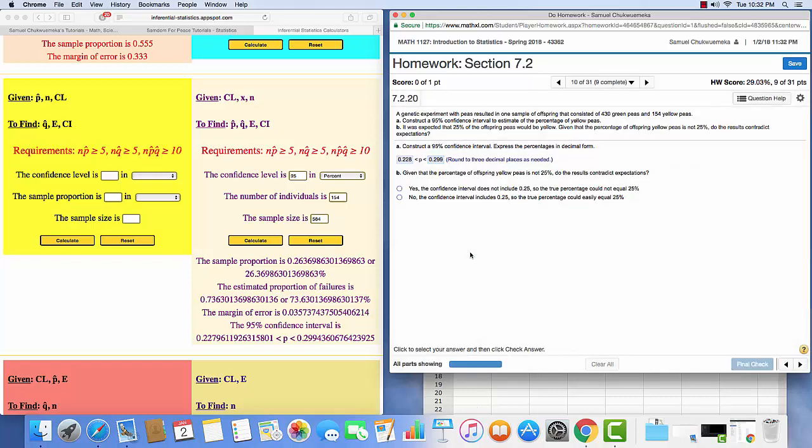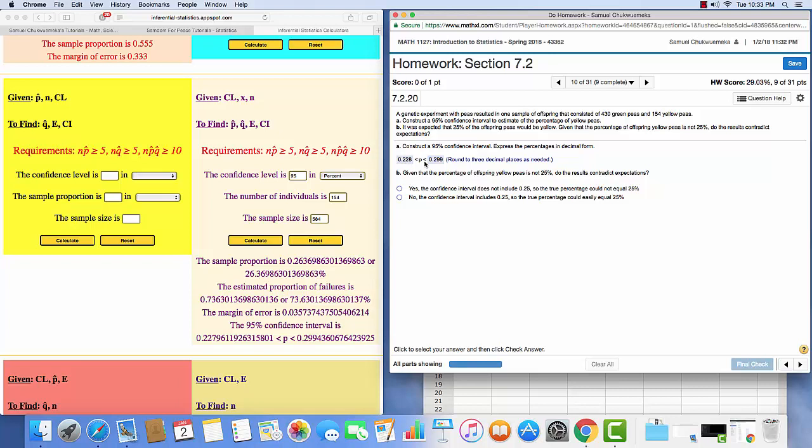Given that the percentage of offspring yellow peas is not 25%, it was expected that 25% of the offspring peas would be yellow. Do the results contradict expectations?